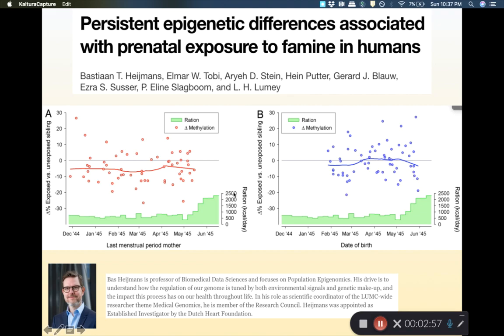So what this shows is that famine actually influenced whether or not genes were turned on or off in individuals. And what's important about this is that whether or not you have that trait turned on or off can potentially be passed down to future offspring. And so again, we're starting to understand the complexities that exist between your genetic code and the environment in which you grow up.